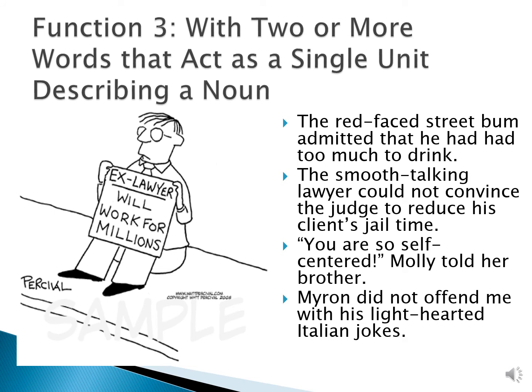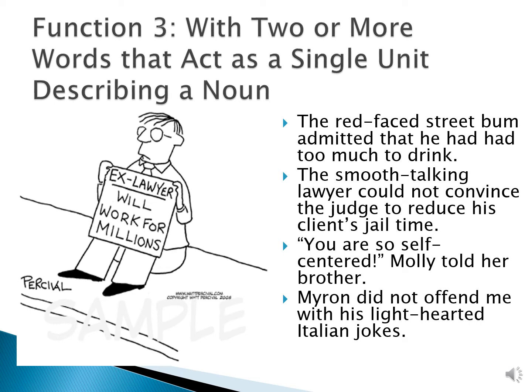And then lighthearted is another fairly common one. Myron did not offend me with his lighthearted jokes, describing the Italian jokes. The other day I was driving by a Pier 1, which you might have noticed is on its way out, and they had a big banner across the front of the building that said, "Going out of business, sale."